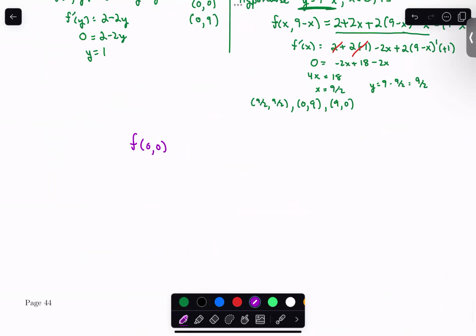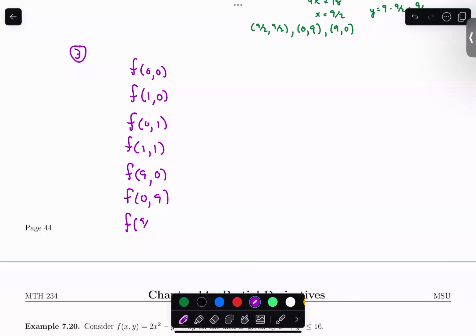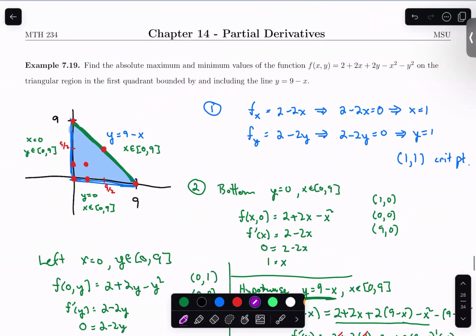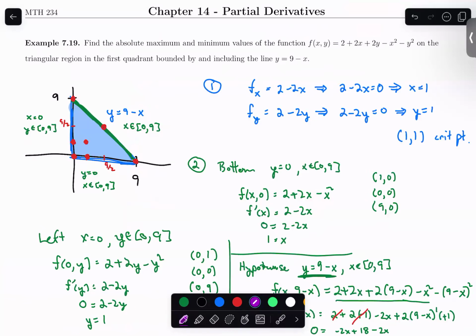So I had 0, 0, 1, 0, 0, 1, 1, 1, 9, 0, 0, 9, and 9/2, 9/2. 1, 2, 3, 4, 5, 6, 7 points. Let's just go back here really quick and make sure. 1, 2, 3, 4, 5, 6, 7 red dots. So yes, it does look like I remembered them all.